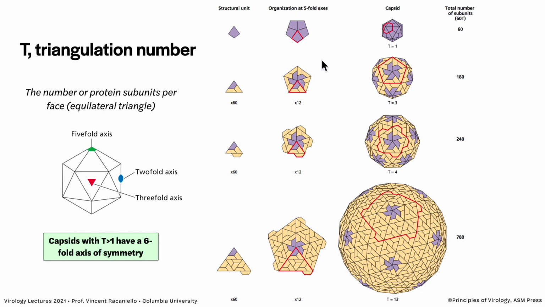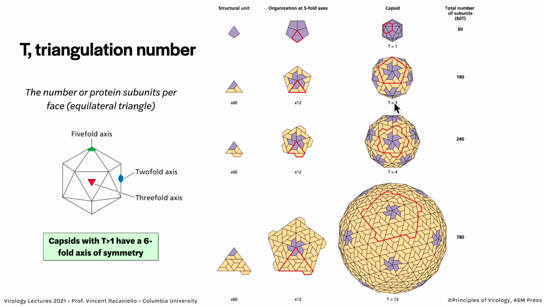So here is the simplest icosahedron. There's one of the equilateral triangles that make it up. And so this is a virus with T equals 1 triangulation number, 1 protein per triangular face. And you can actually multiply T times 60 to get the total number of subunits in the particle.